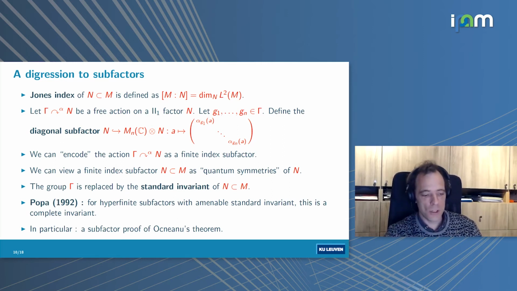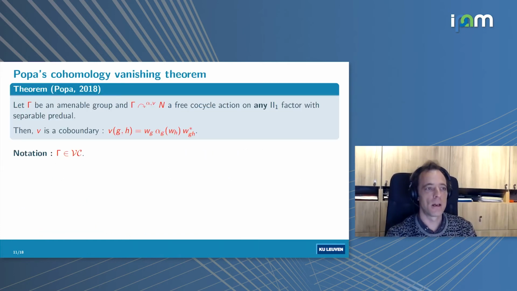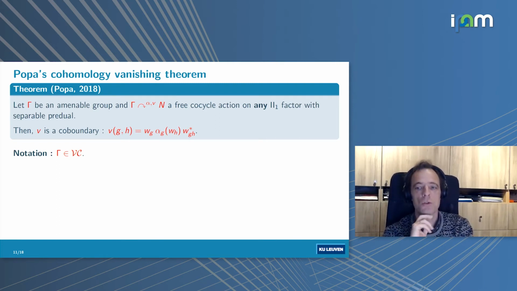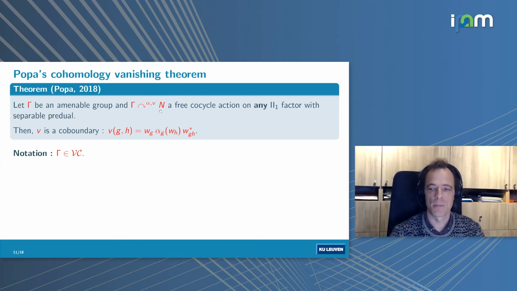Now, this subfactor approach to viewing group actions and their classification has led to a very recent advance, actually. What Popa could prove two or three years ago is that this cohomology vanishing result that I mentioned, Ocneanu's cohomology vanishing of two cocycles, actually holds for actions of amenable groups on arbitrary II_1 factors.